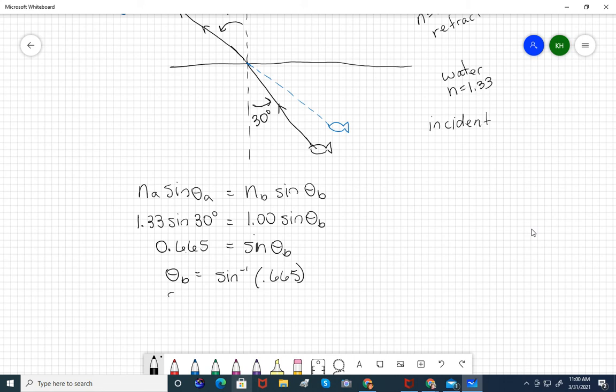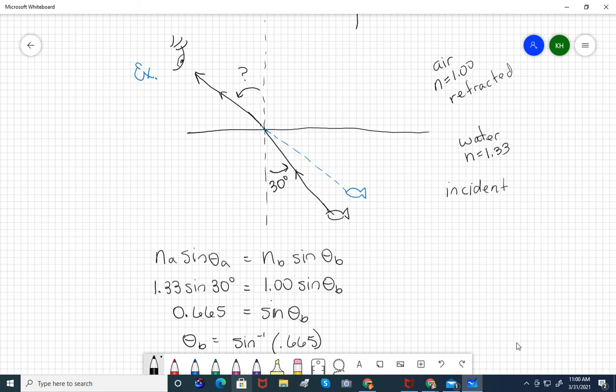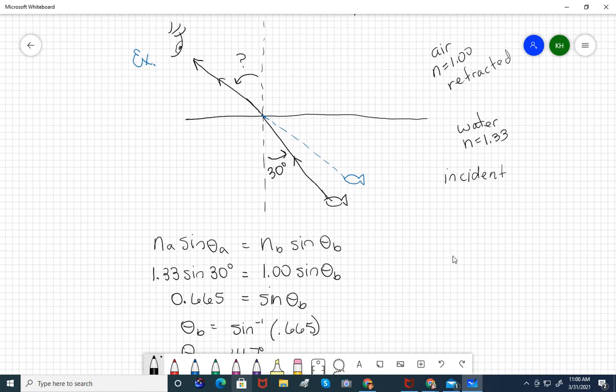And I get that the refracted angle is 41.7 degrees. So even though the fish is actually along this path, this angle right here is, what did we just get? 41.7, 42 degrees. That's the path that your eye follows. Your eye thinks it's located along here.